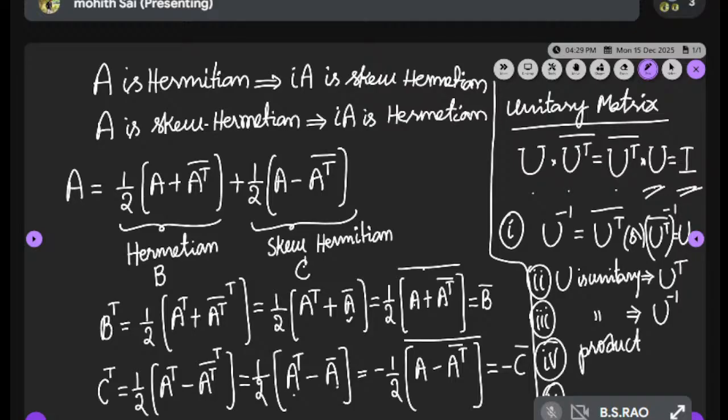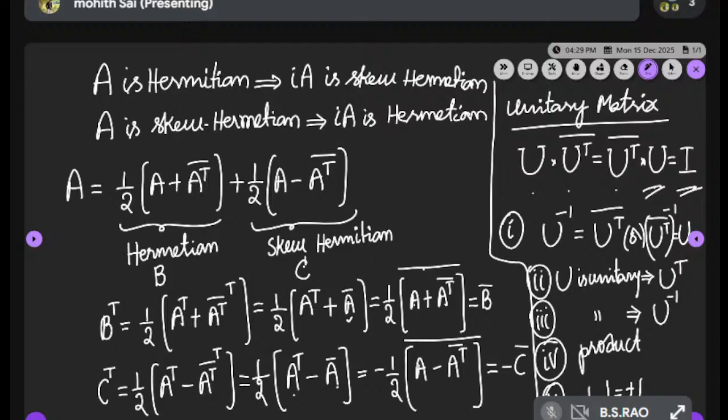Next, what are eigenvalues of a unitary matrix? What is the determinant of an orthogonal matrix? Determinant equals plus or minus 1 for an orthogonal matrix. Determinant means product of eigenvalues. Product of eigenvalues is plus or minus 1 for orthogonal.